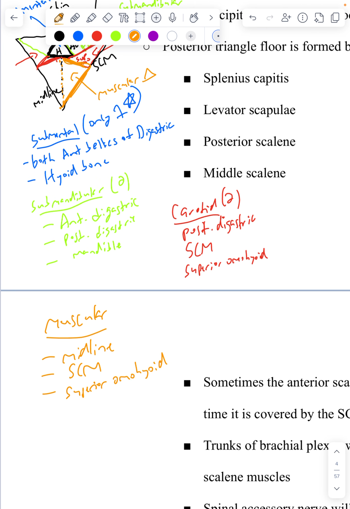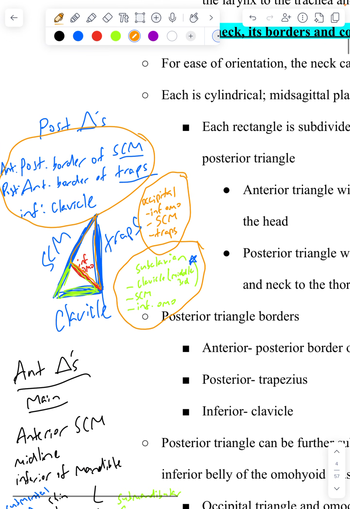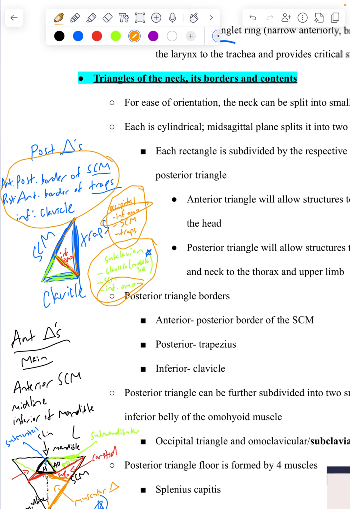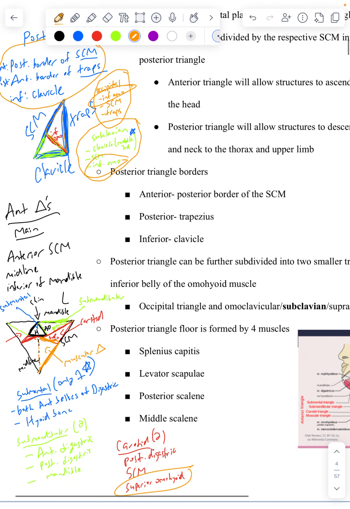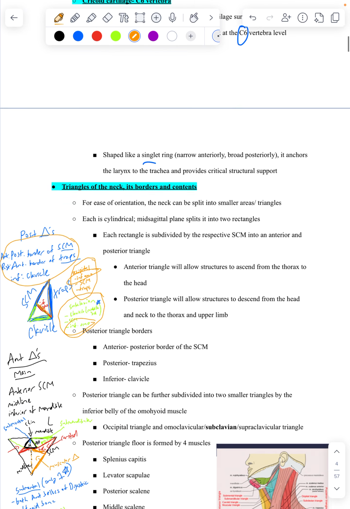So superior omohyoid separates your muscular and carotid triangles. Inferior belly of omohyoid is what separates your occipital and your subclavian, because it makes sense. The inferior part's in the posterior, superior part is in the anterior. So hopefully this at least made sense with the drawings. If not, I'm sorry. But that'll make the next few pages sort of fly by.